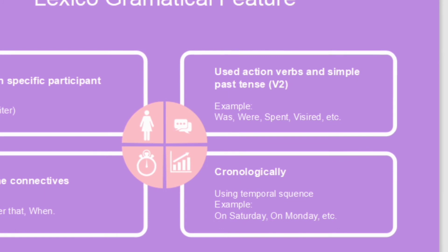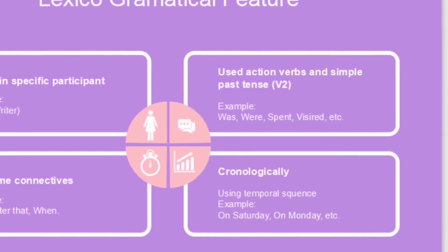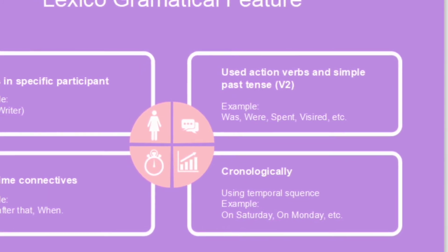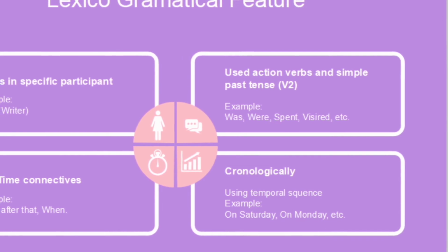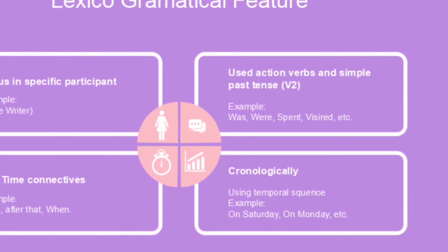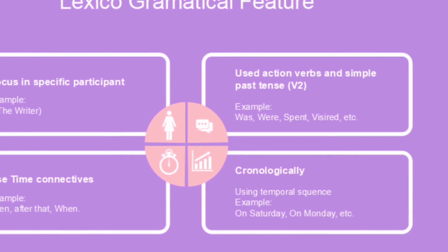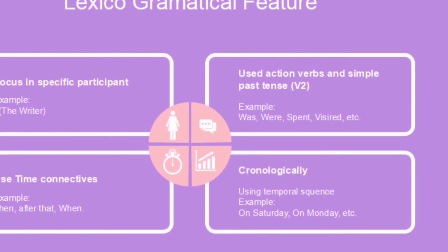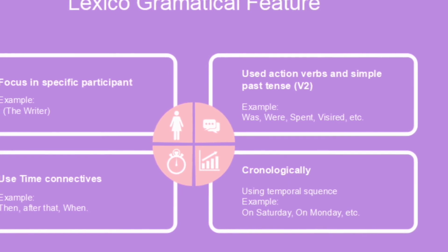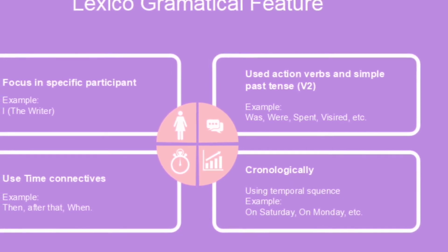Okay, the next is grammatical features. The recount has 4 grammatical features. The first is focus on specific participant, for example I. And then the second is use action verbs and simple past tense.